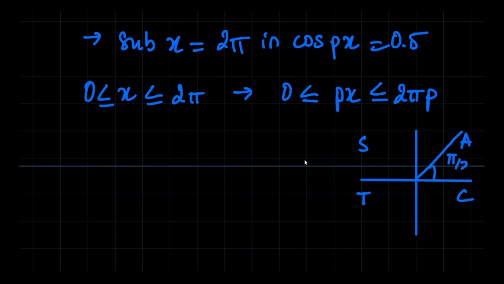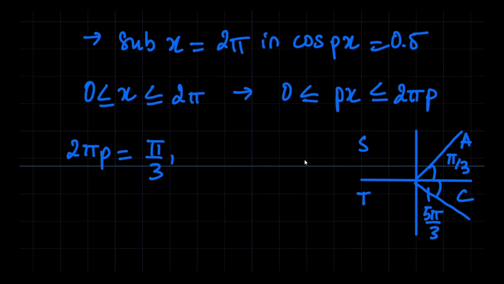So here we can write 2 pi p equals pi on 3. That's the first answer. Cosine is also positive in quadrant 4, and the angle would be equal to 2 pi minus pi on 3, which equals 5 pi on 3.